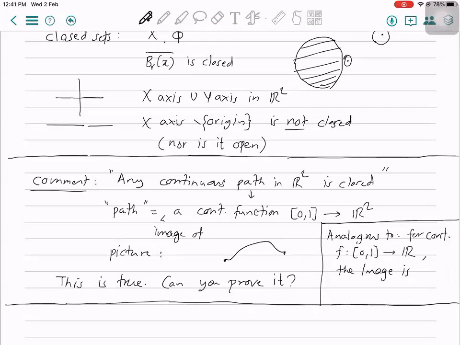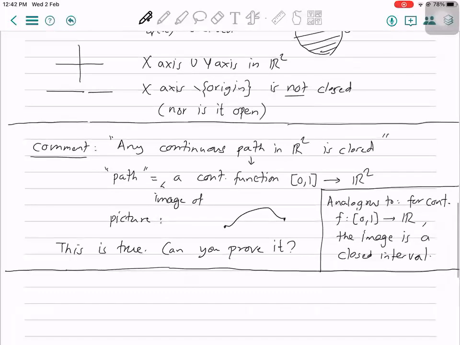So what do you know about the image of such a thing? What did you prove in analysis 1? The image is a closed interval, right?